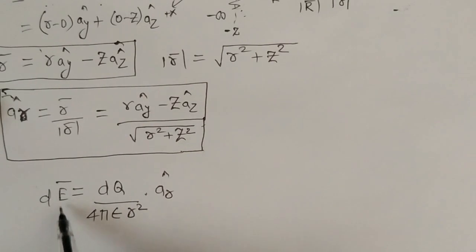So this is the value of dE bar equals dQ upon 4 pi epsilon r square into a_r cap.